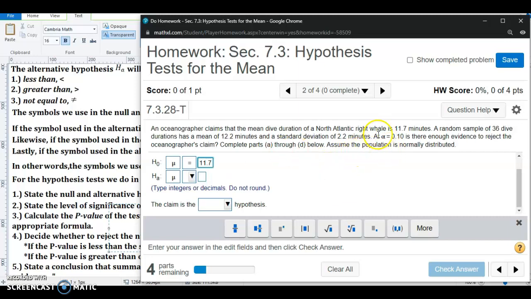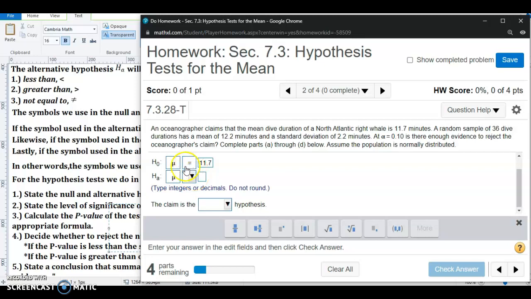If the problem had said is greater than 11.7 or less than 11.7, then you would choose the appropriate symbol in the alternative, either the less than symbol or the greater than symbol. But in this case, this tells us how to set up the null hypothesis. In most cases, we set up the alternative hypothesis.